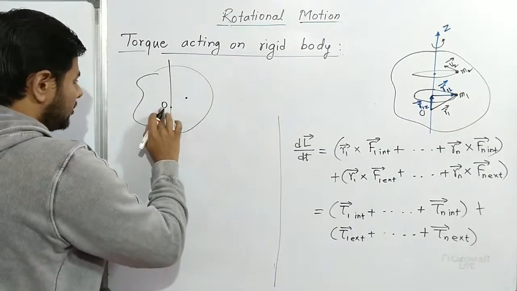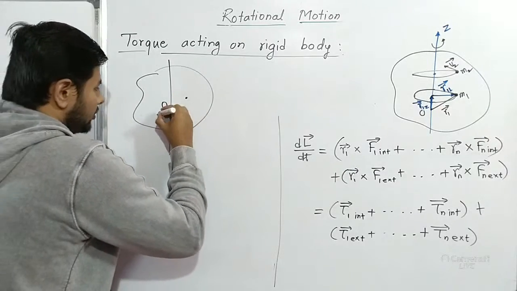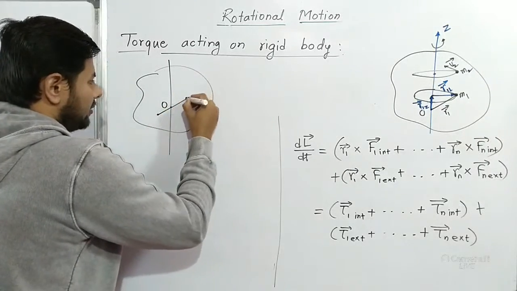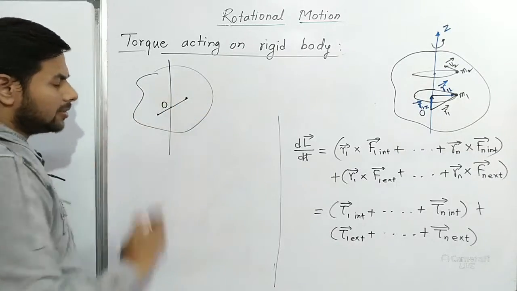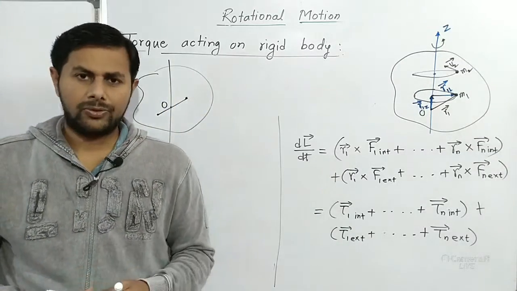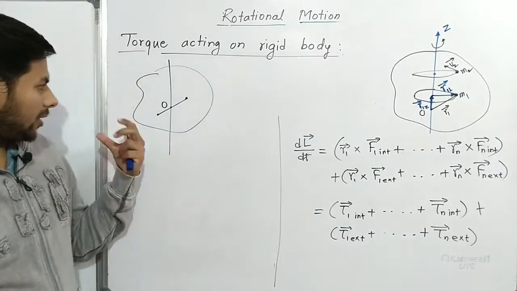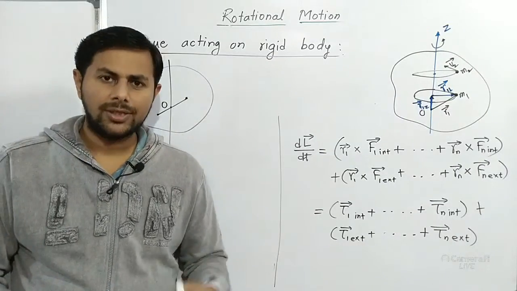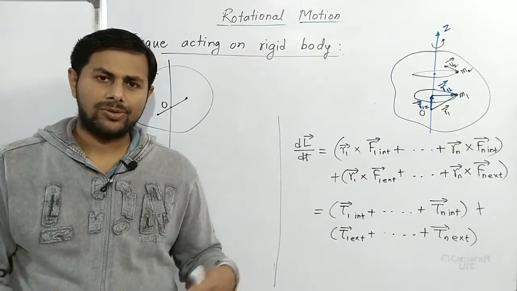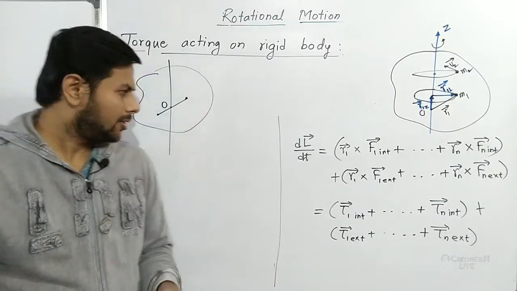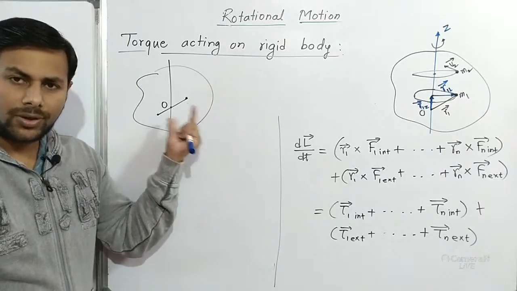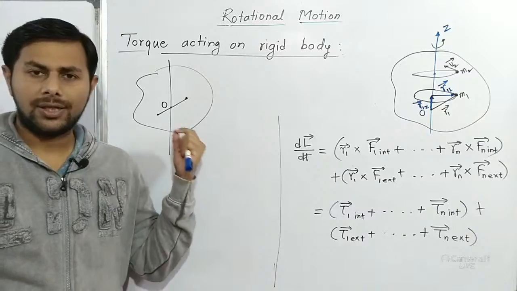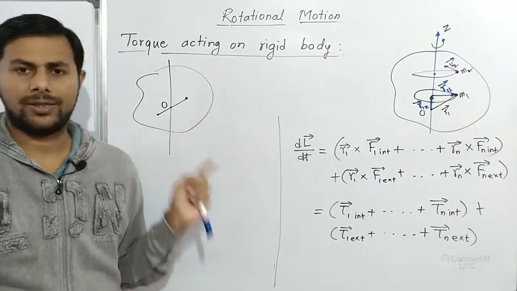Now the internal forces between these two particles will act along the line joining the two particles. The forces can actually be contact forces or non-contact forces, which we have talked about before. Whatever it is, the contact force or non-contact force, it acts along the line joining the two particles.